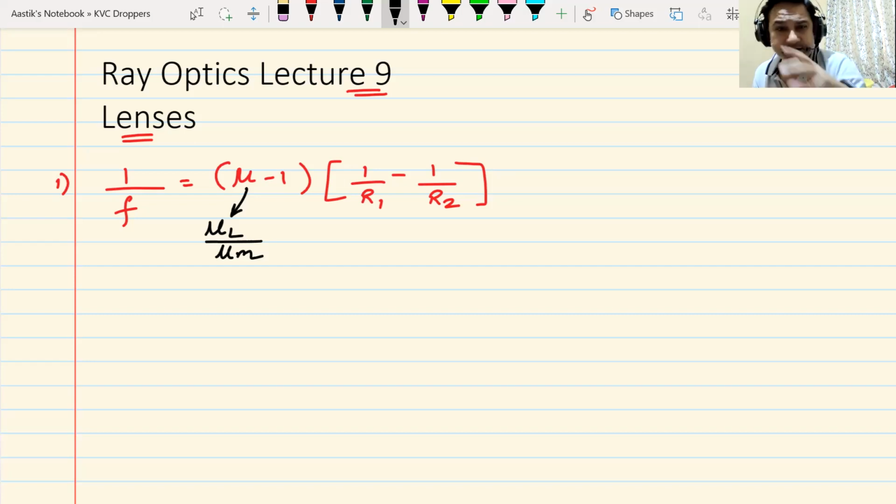In other words, it is the refractive index of the lens divided by the refractive index of the medium. Will you remember it now? Yes, sir.